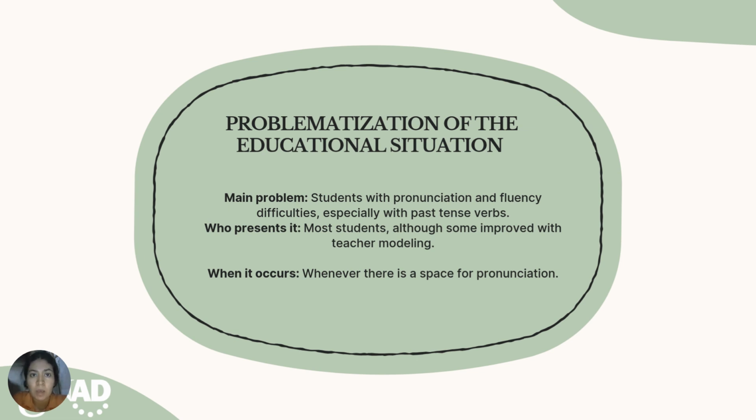Students can maybe read and write the verbs in past tense, but it is not the same when we try to pronounce them correctly. For example, they say play it instead of played, or work it instead of worked.